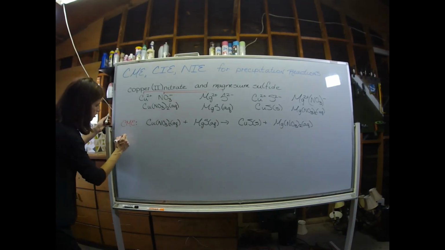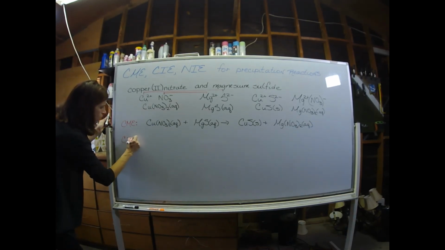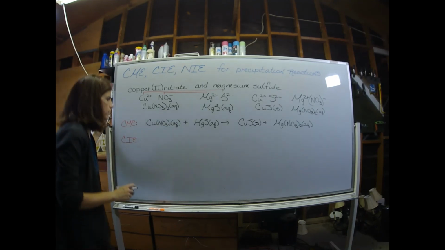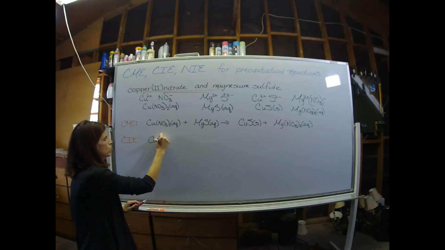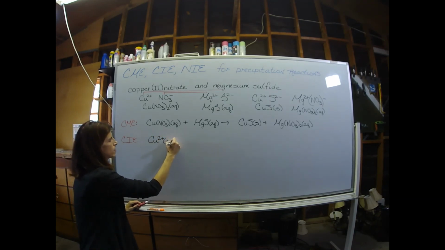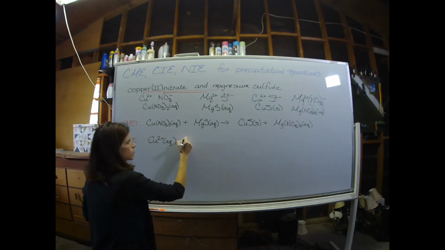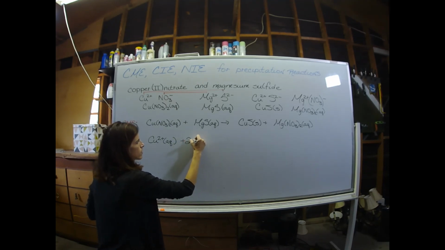Moving on then to our complete ionic equation. We're going to break down everything that's aqueous. I'm going to have Cu2+ aqueous. The 2 tells me that there's 2 nitrates.